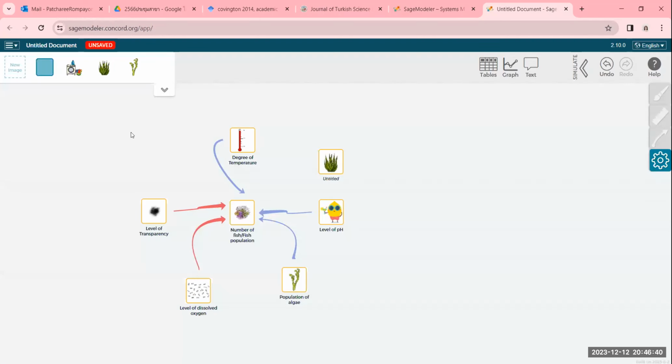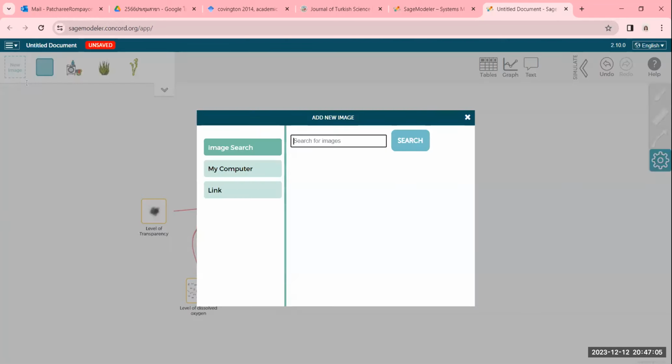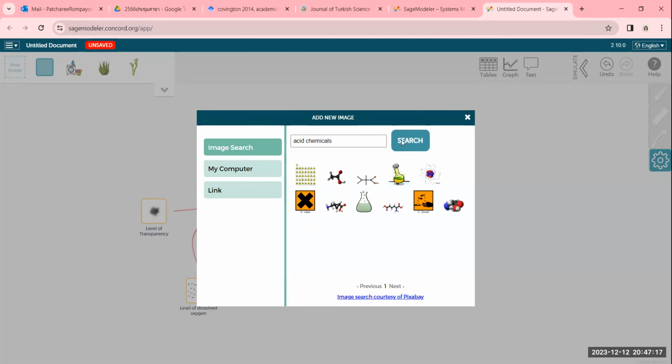What else impacts the level of pH? Is it the chemical leaks from the factory nearby? Chemicals. How about this one?